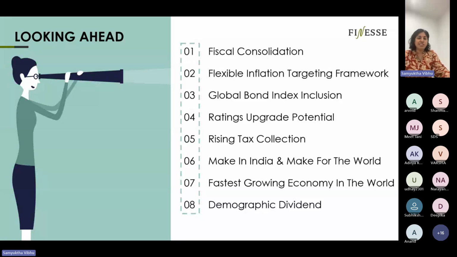I think a couple of years ago, something that got talked about a lot was India's demographic dividend and how the India story is going to play out because we have a very young workforce, and essentially, the way our population is structured is that we're not going to have the problems that aging economies have.